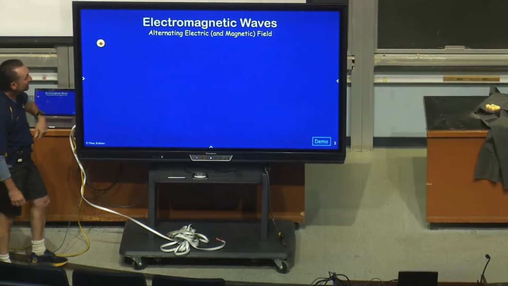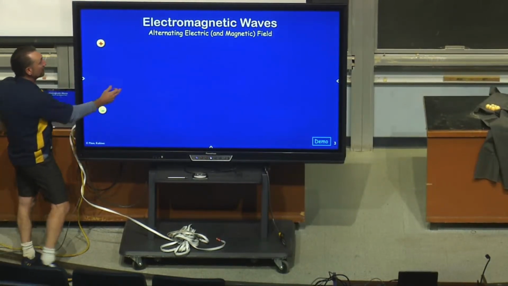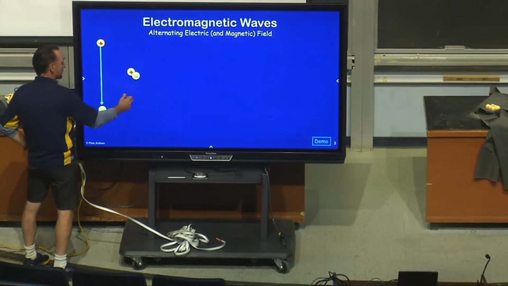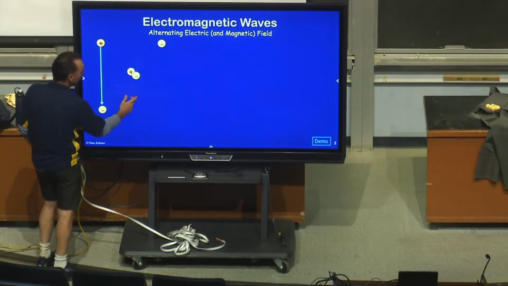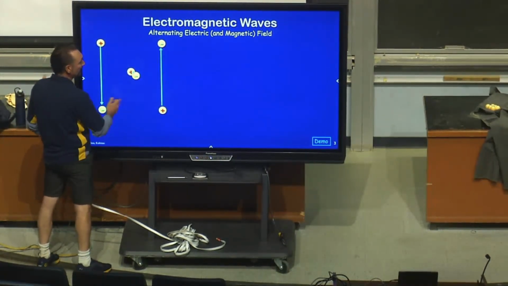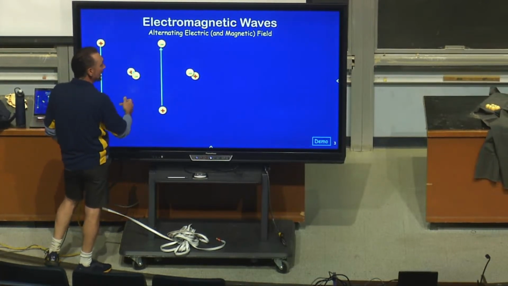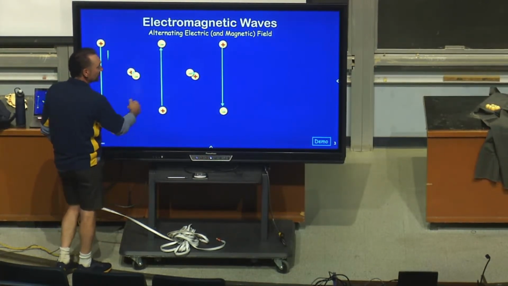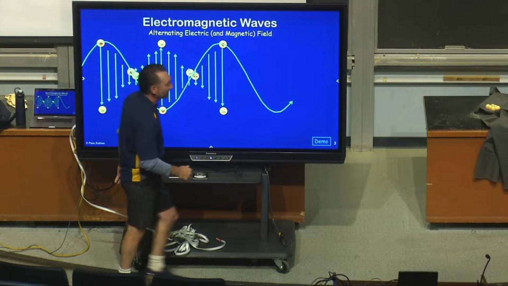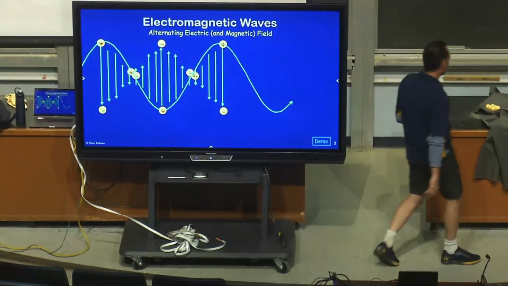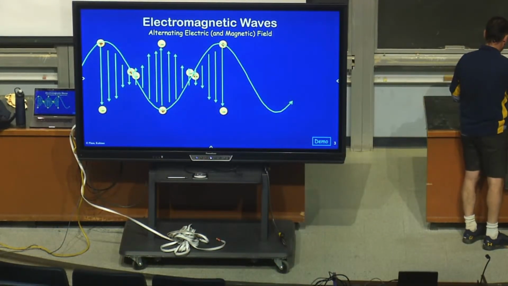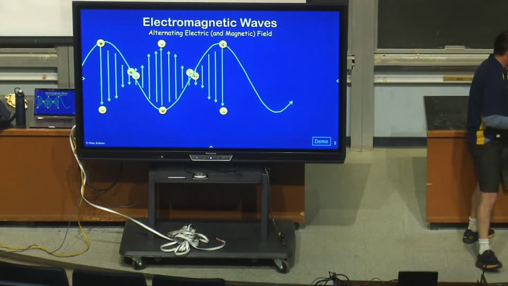So we have this alternating electric and magnetic field. We saw this again, the same animation of the charges moving up and down, and those charges moving up and down able to affect charges moving somewhere else. It's very, very similar to ocean waves.